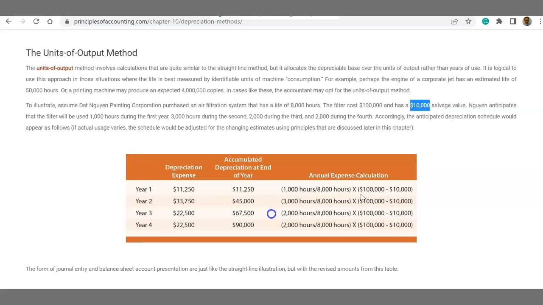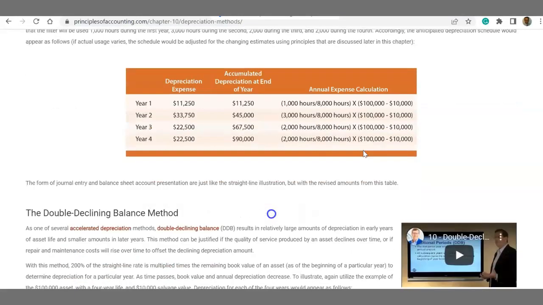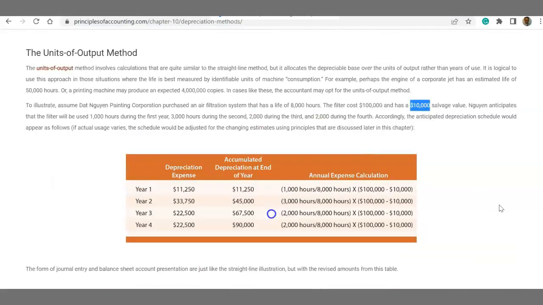$90,000 divided by 8,000 hours. How much is that? Let's see. Anyway, $90,000 depreciable base divided by 8,000 hours gives me $11.25 per hour of use.